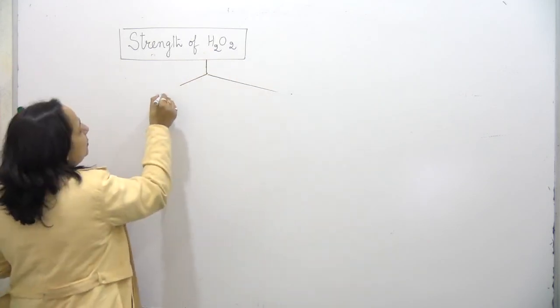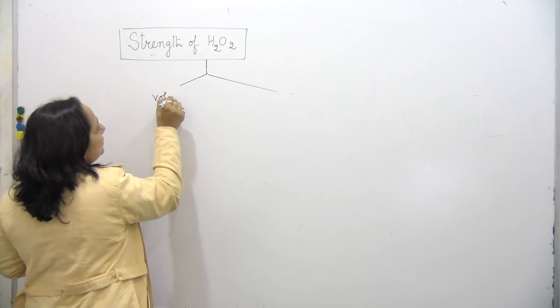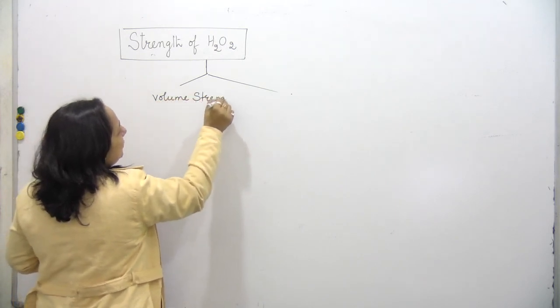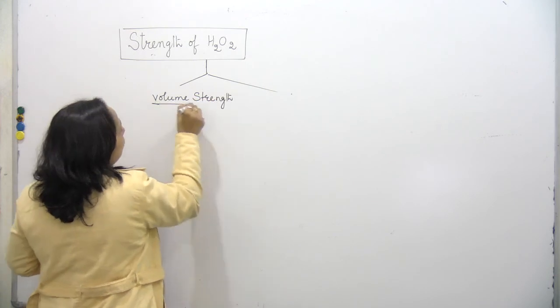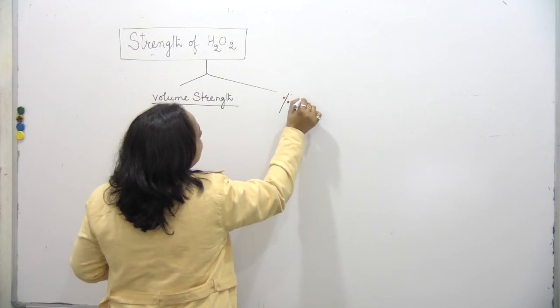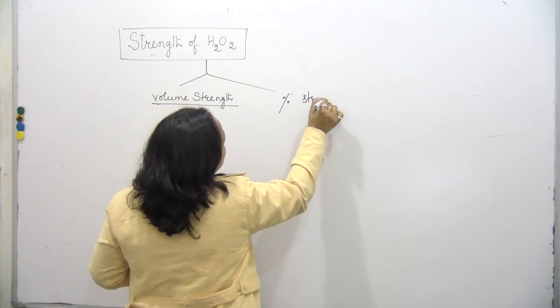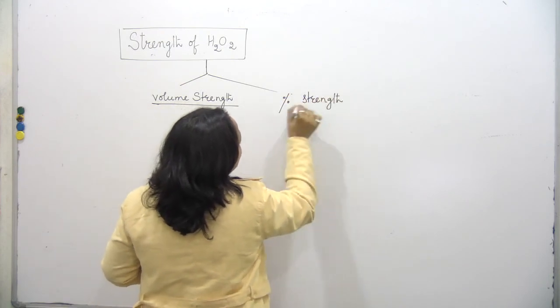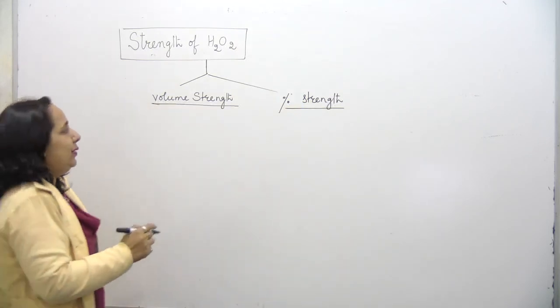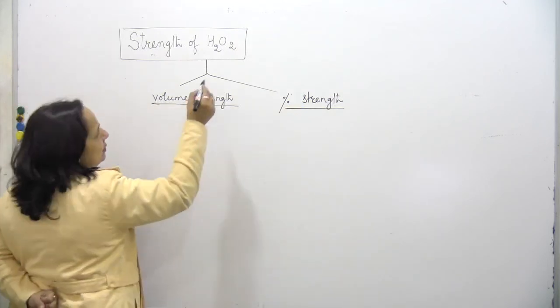One is called volume strength, and another is called percentage strength. Volume strength and percentage strength.